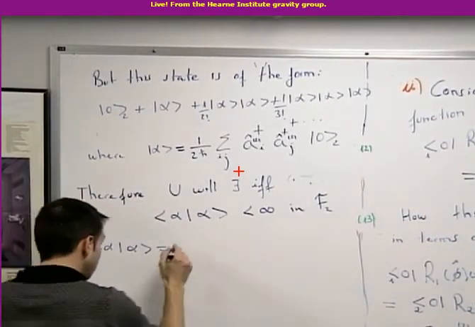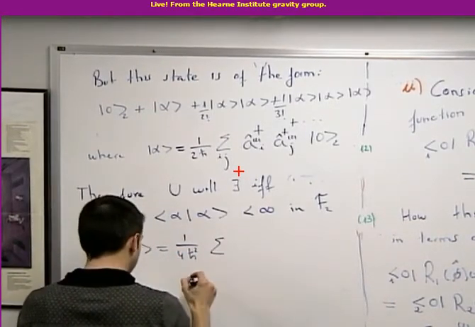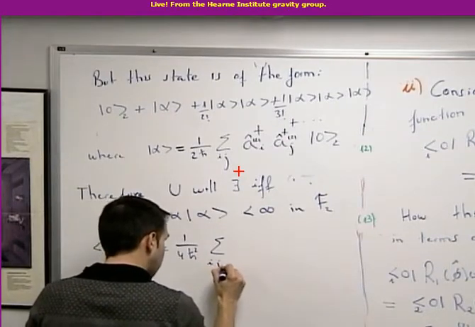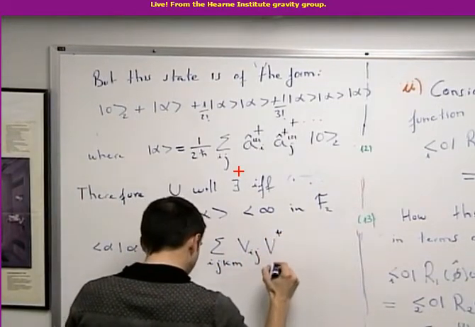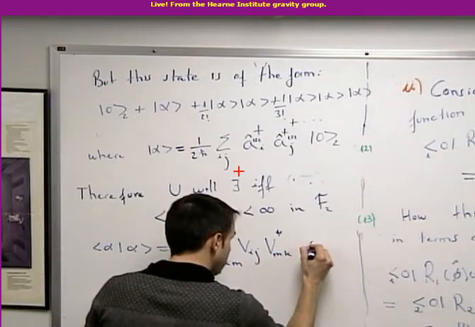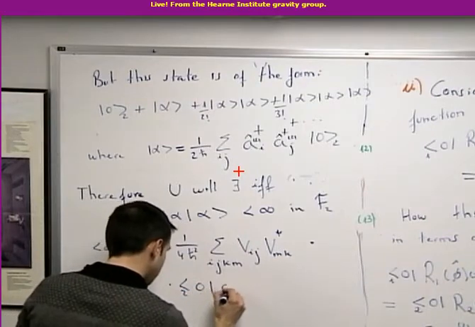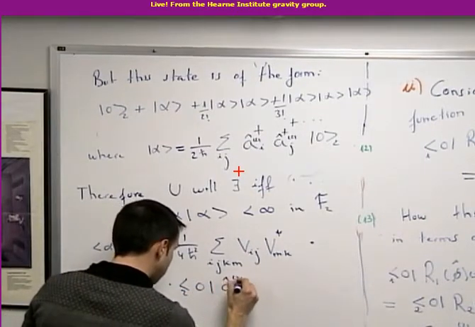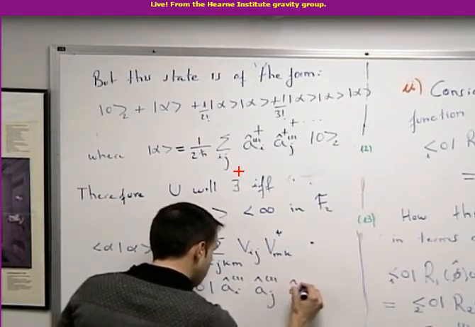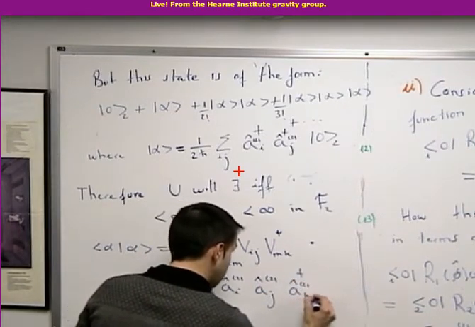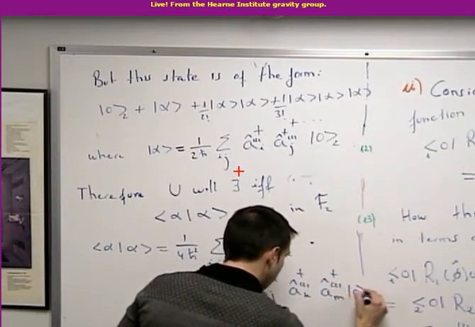We have 1 over 4 h bar, 4 sums, k m, V_ij V conjugated mk, multiplication, vacuum 2, a 2i a 2j a 2 dagger k a 2 dagger m vacuum 2.